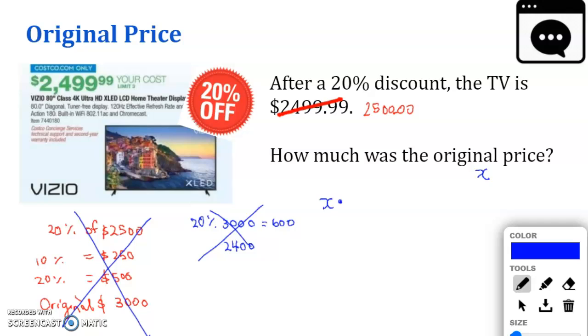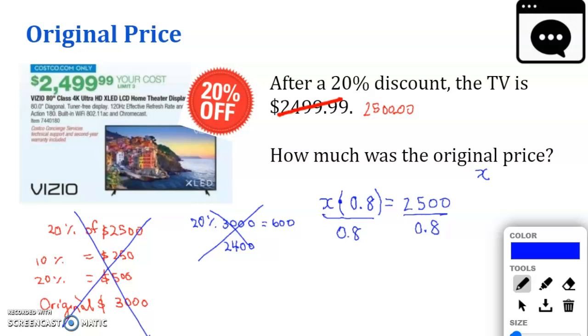That's 80%. So we want to find what value times 80%, which is the same as 0.8, is going to be 2,500. So X times 0.8 is equal to 2,500. I don't want X times 0.8. How can I get rid of multiplied by 0.8? I divide both sides by 0.8, don't I?